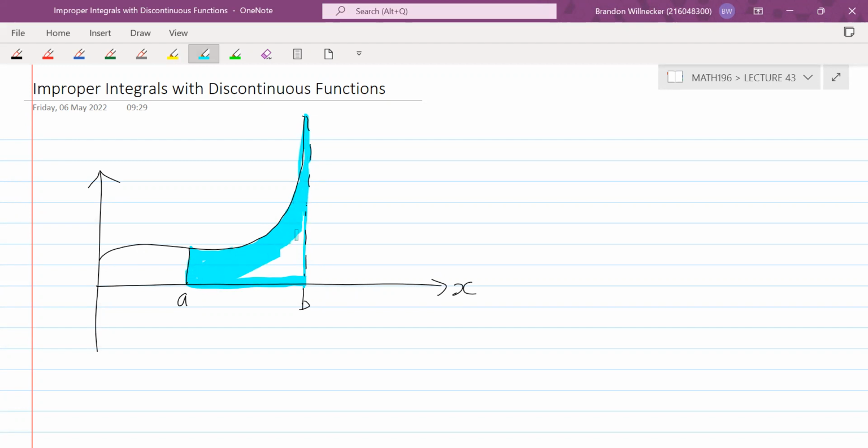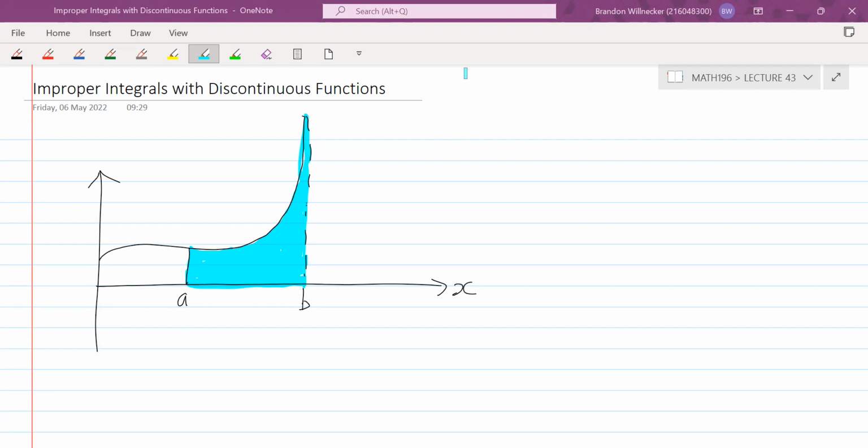Now we can't directly do this because on the right-hand side of the area, we have a vertical asymptote. So we can't integrate directly up to b because there's an asymptote there.